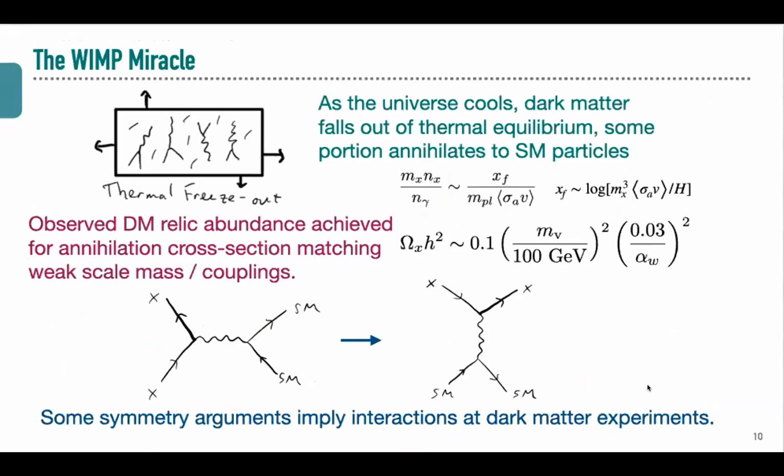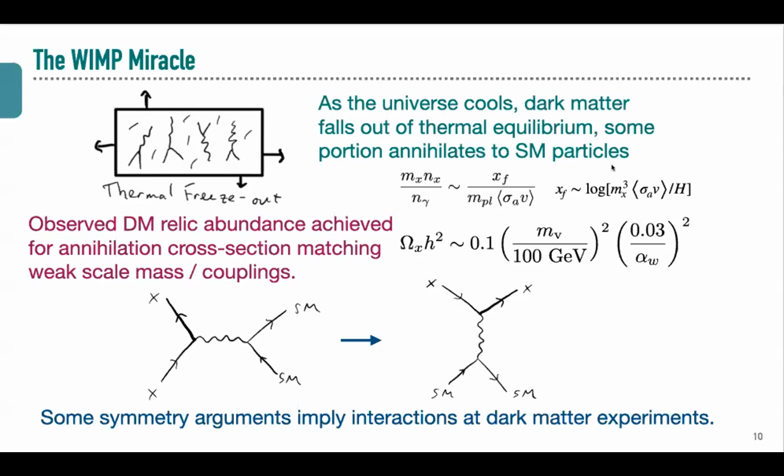So that brings me to a bit of a zoom in on the most classic touted dark matter production mechanism in the last few decades, which is the WIMP miracle. This is that as the universe cools, dark matter falls out of thermal equilibrium and some portion annihilates to standard model particles.